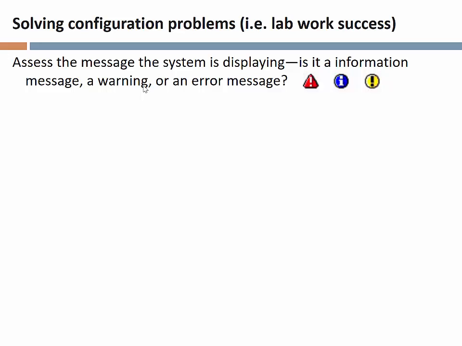The one that tends to trip students up the most is the yellow exclamation mark. And I think that although it's shown there in a circle, sometimes you'll see that actually in different shapes. But that's called a warning. Now, what you should know about a warning is sometimes warnings are to be expected.